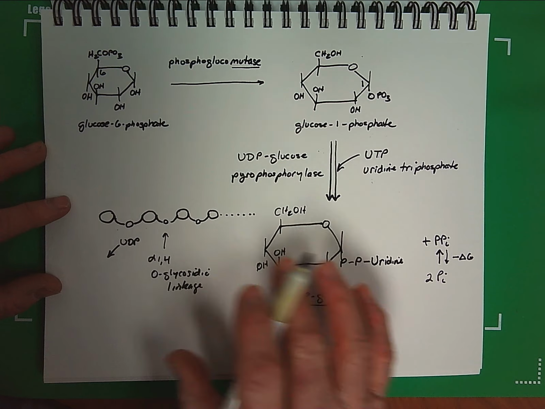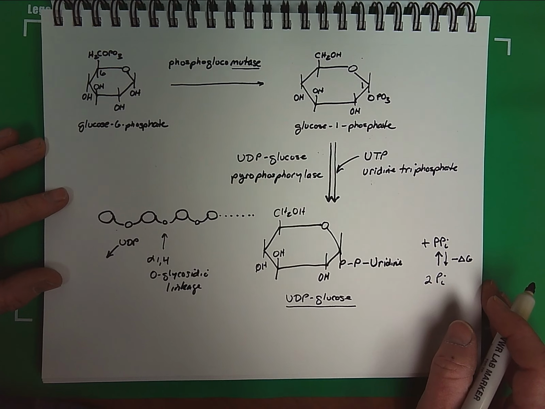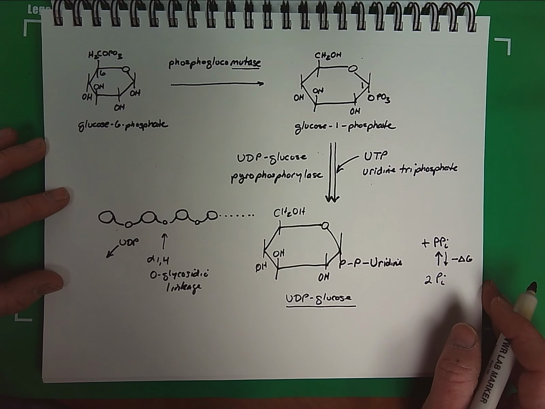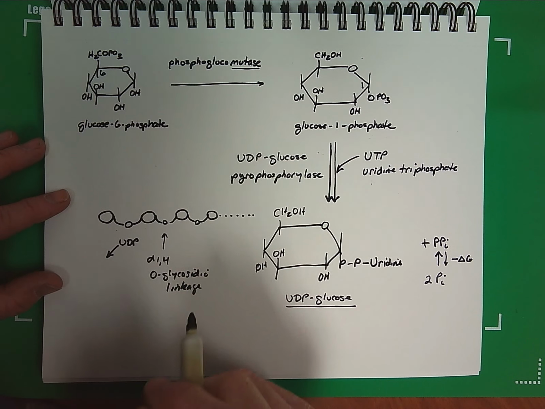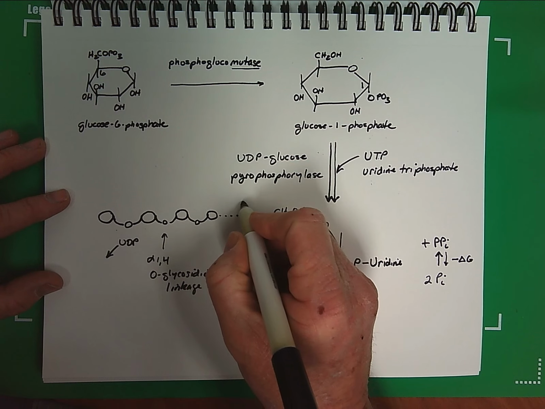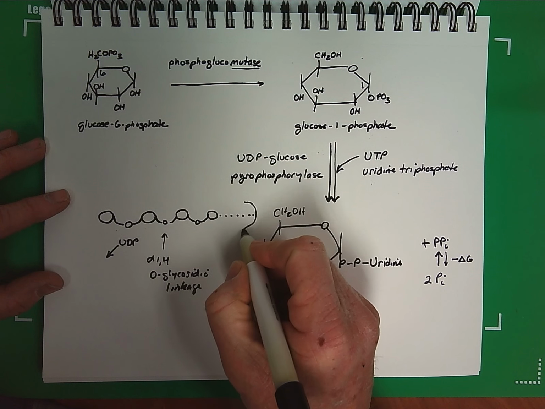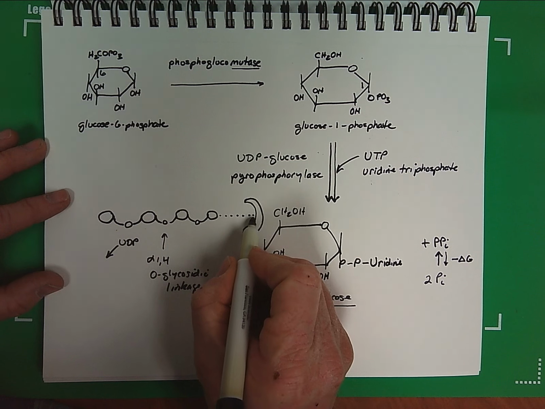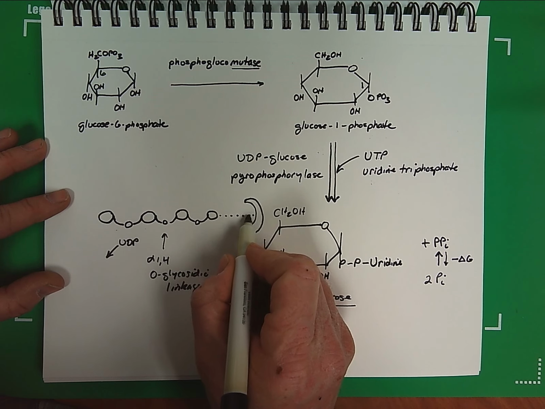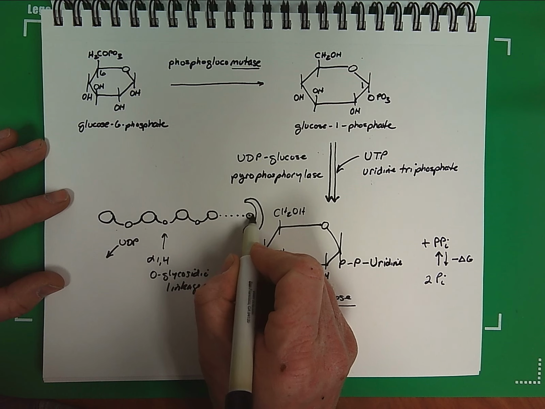Now, sometimes you might think there might be a chicken or the egg thing here. How do we begin a glycogen chain? What is the first step in order to get this going? Well, we have a protein at the very end linked to the number 1 carbon of an initial glucose monomer here.